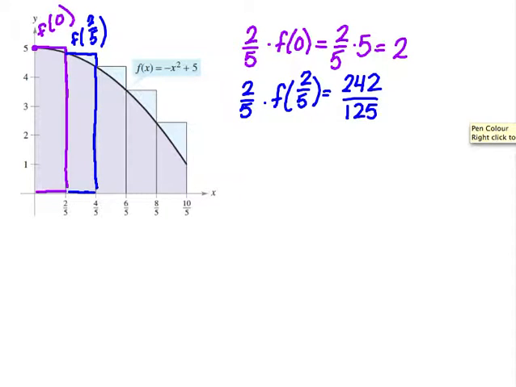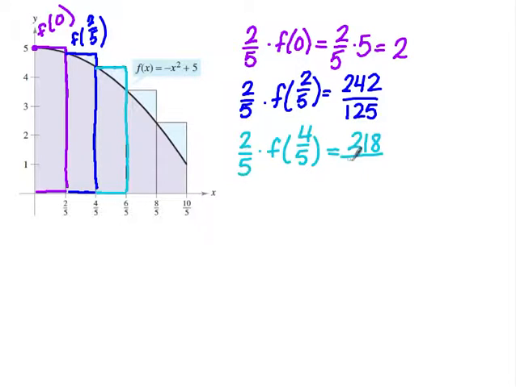Okay. So what's the width of this one? 2/5. The height is what? 4/5. F at 4/5. So let's go ahead and go back to our previous one, and what did we find that area to be? Yep, over 125. Okay, next one will be 2/5 times what?